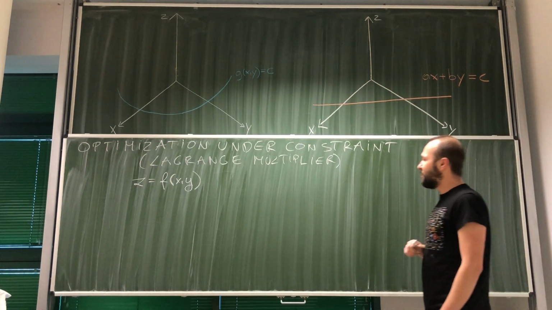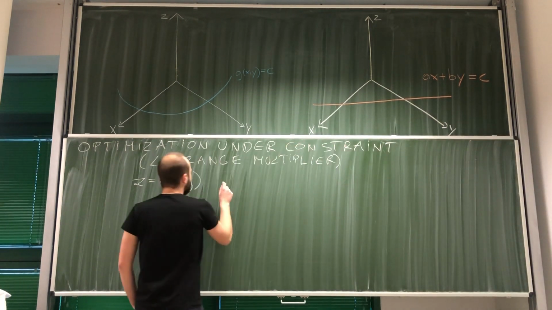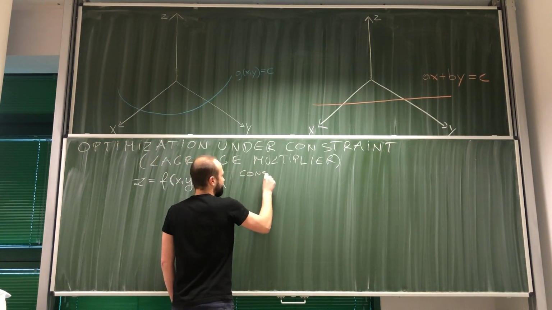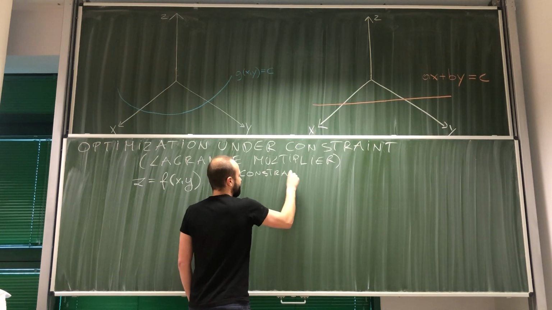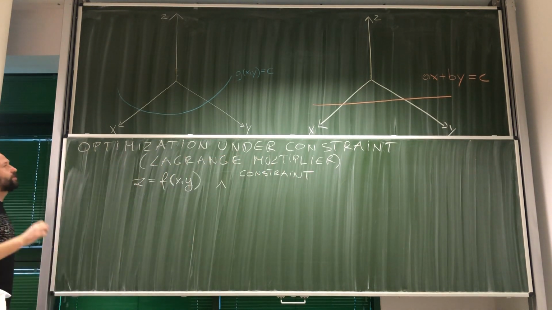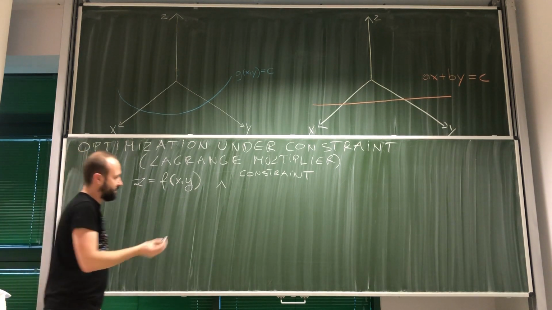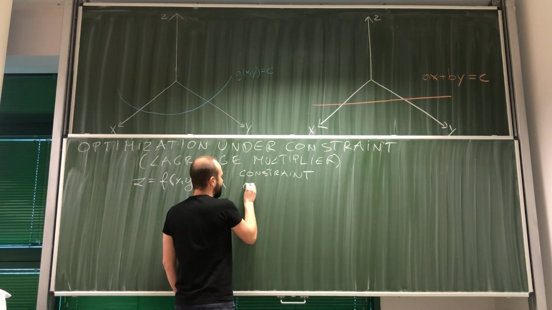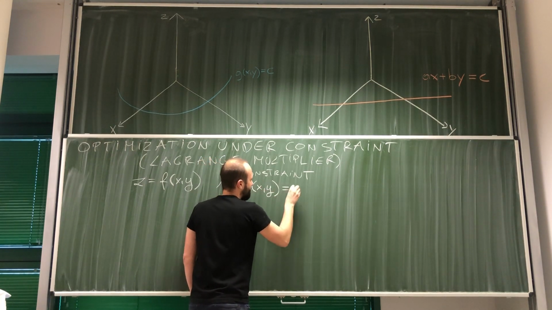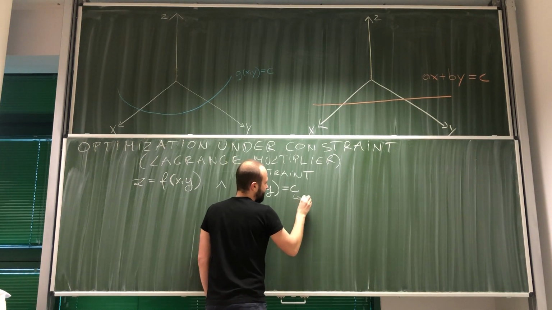So now I'm going to introduce something we're going to call a constraint. And I'm going to first introduce it in a general form. So let's just say that we've got g(x, y) equals to some c, where c is a constant.